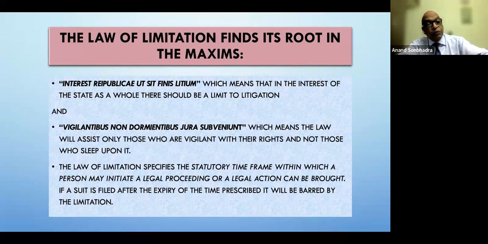So the first one here is interest reipublicae ut sit finis litium. It means that in the interest of the state as a whole, there should be a limit to litigation. And the other one is vigilantibus non dormientibus jura subveniunt, which means the law will assist only those who are vigilant with their rights and not those who sleep upon it.